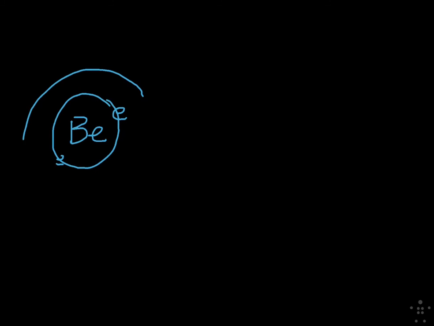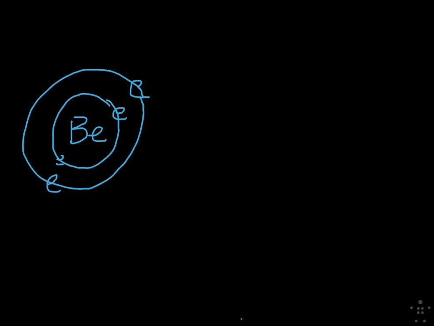I'm going to give you one more example before we finish up, and that is with beryllium, which has 4 electrons, so 2 in the inner shell, because that's all it can go there, and then 2 more. Beryllium's on the left-hand side of the table, wants to give away electrons. We already know that.